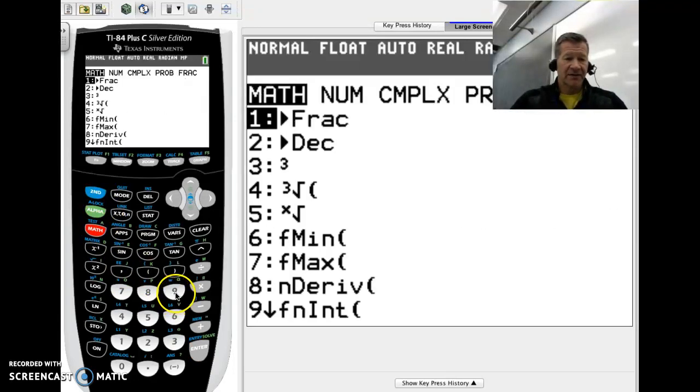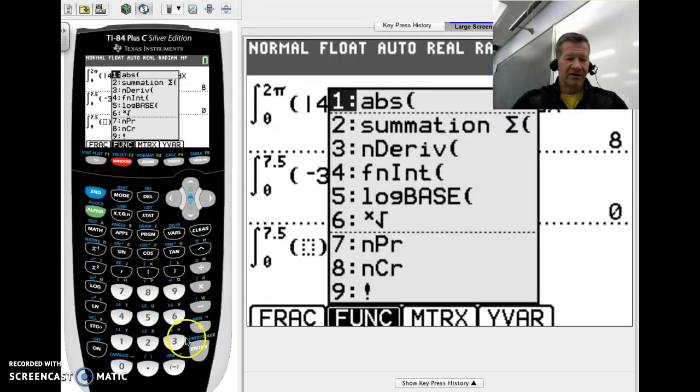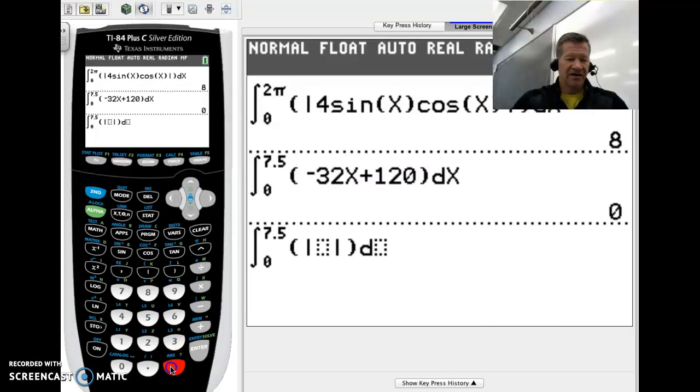So math number 9 now, let's take the absolute value of that velocity. So 7.5, get your absolute value of negative 32t plus 120. Nope, don't need the parentheses. I got the absolute value there instead.